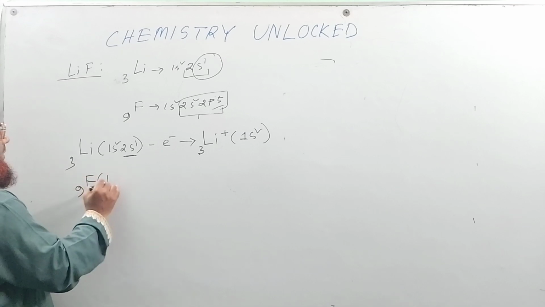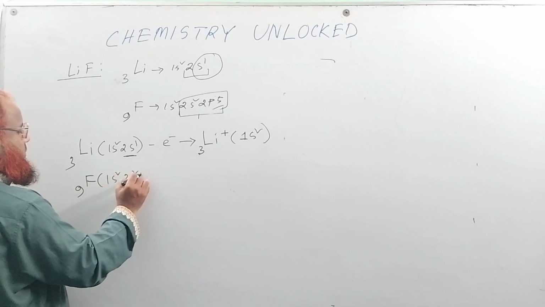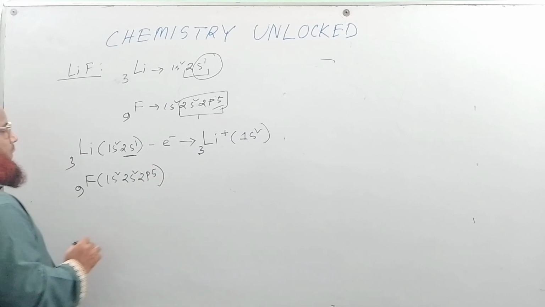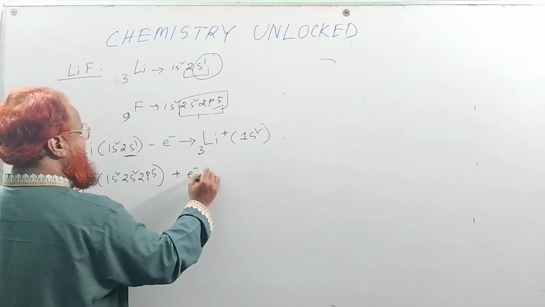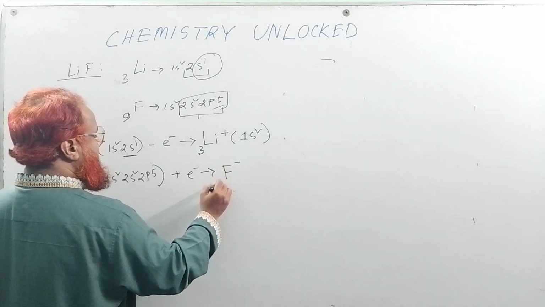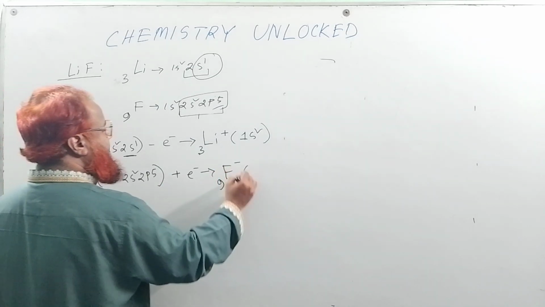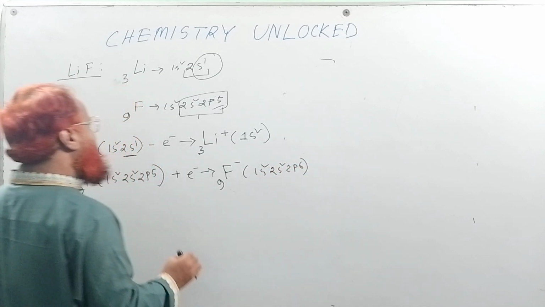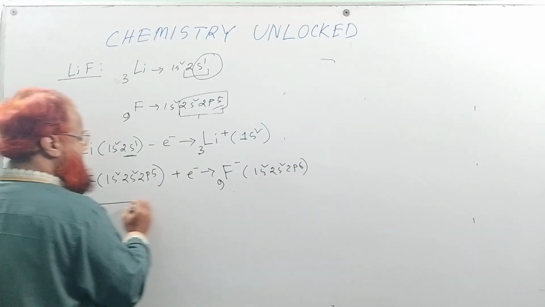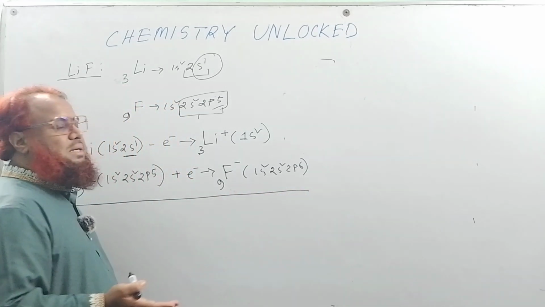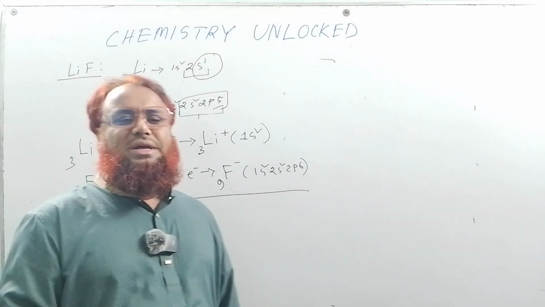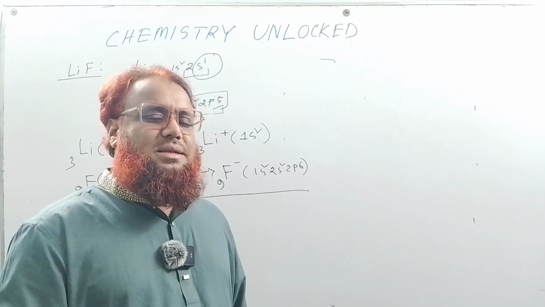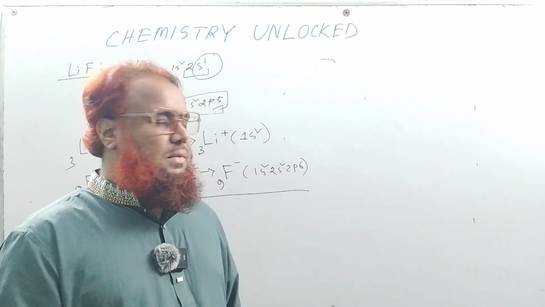Now, fluorine: 1s2, 2s2, 2p5. So, 1 electron will be received by the fluorine. So, it will be like this, F minus, 9, but here the electron number will be 10. And you know that these ions obtain the electronic configuration similar to the nearest inert gases to get stability.